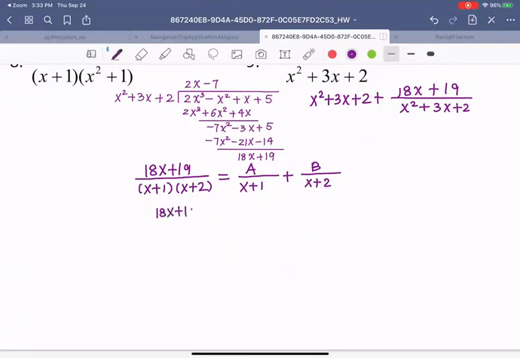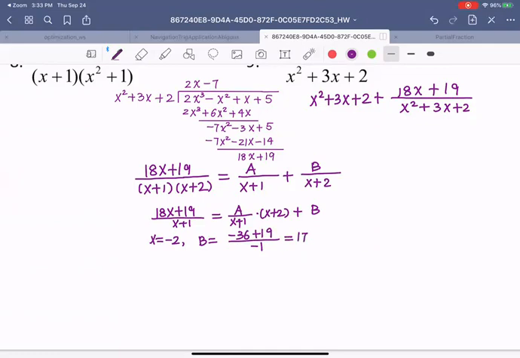Then x plus 2, here is plus b, and I let x equal -2. Then b equals -36 plus 19 over -1. This is a positive 17, right?